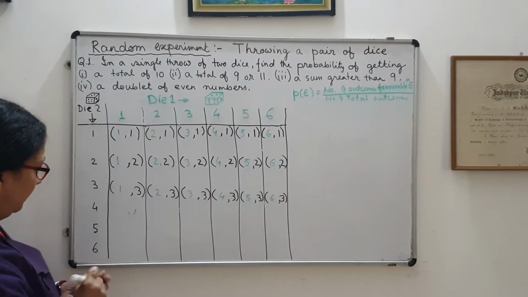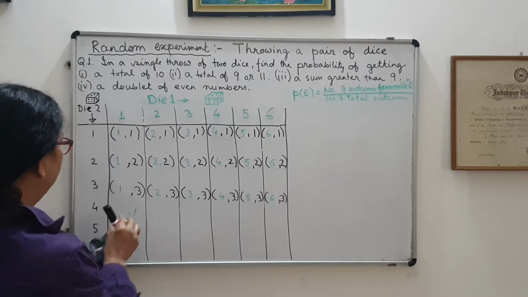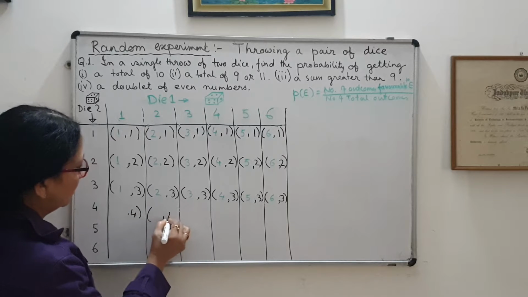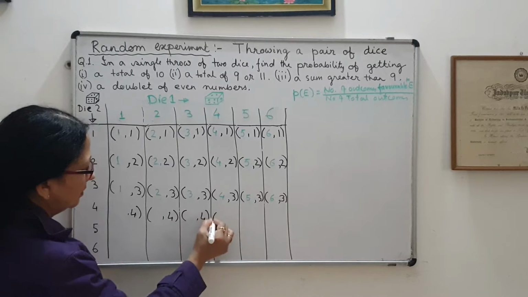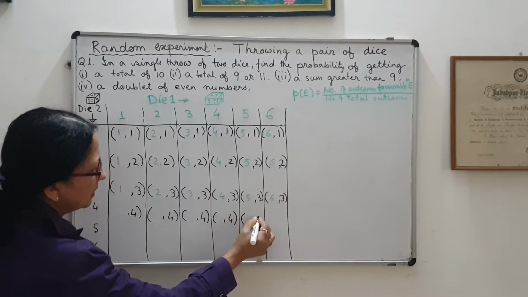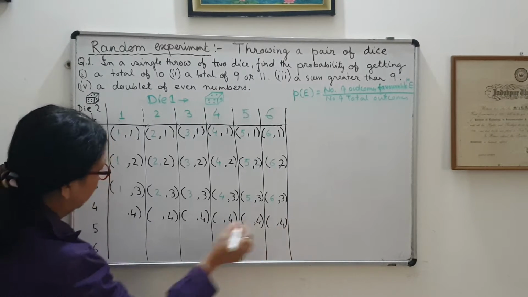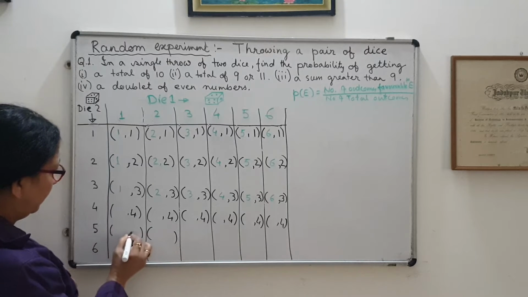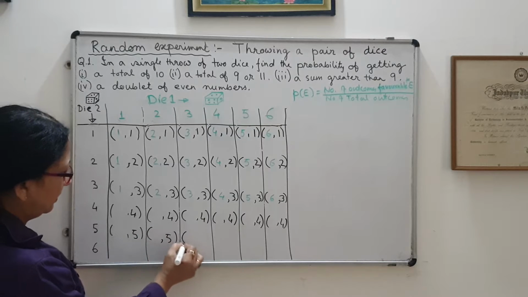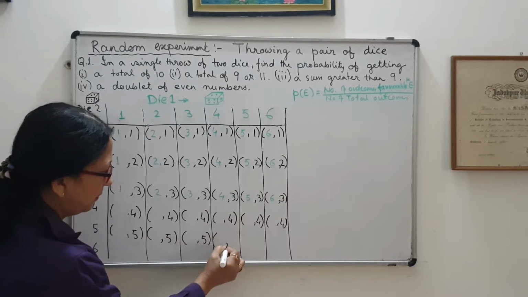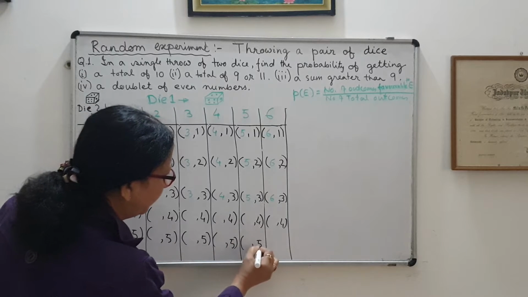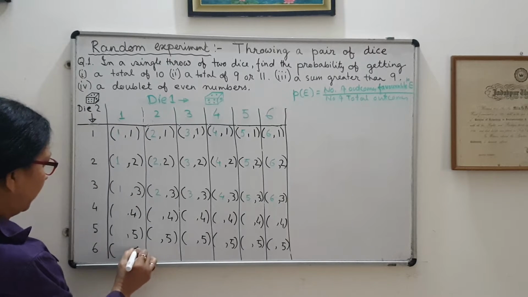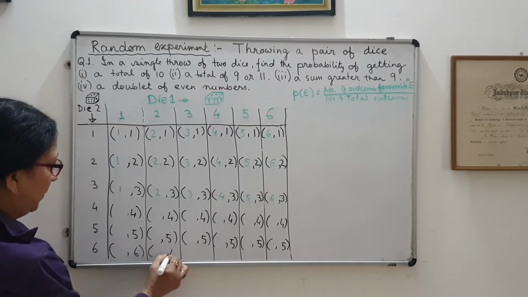In this column the second member is 4. Here the second member is 5, which is fixed, and here the second member is fixed, 6.